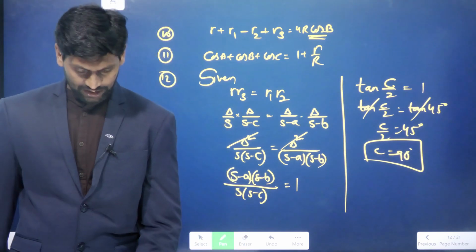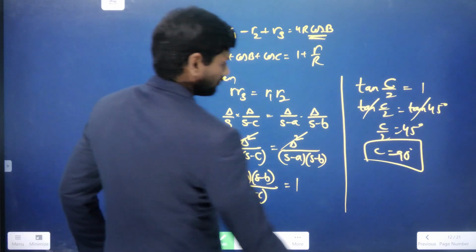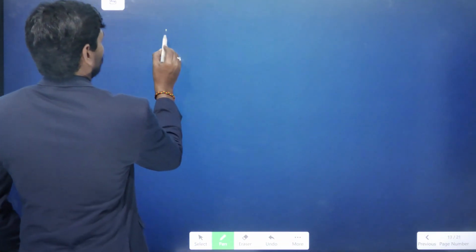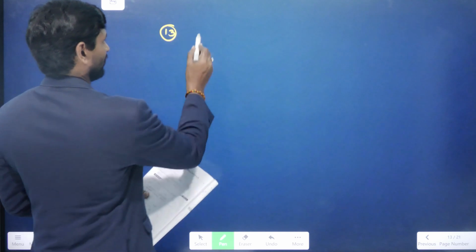Let's go to the next problem. Problem number 13. The 13th question is given that in triangle ABC, a value 30, b value 24, c value 18. ABC values are given.